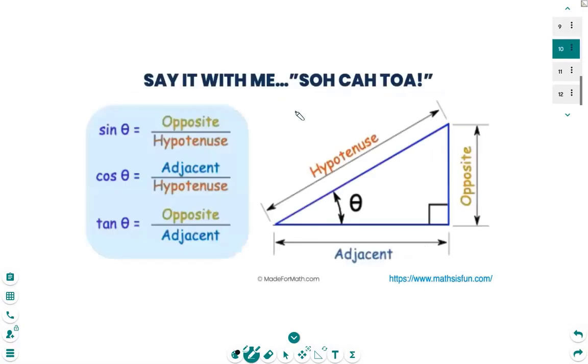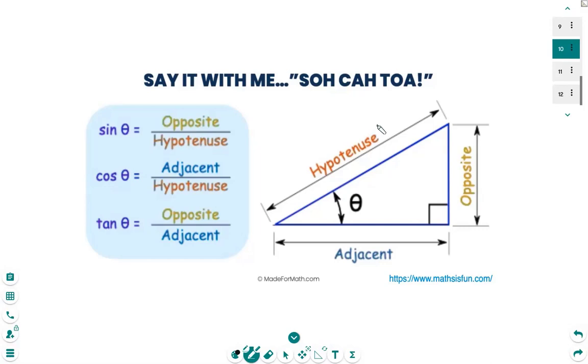So now, say it with me, SOH CAH TOA. I'm sure many of you may have heard this phrase before, but you may not have understood what it means. Well, this is just simply a little mnemonic device to help you remember the three trigonometric ratios for right triangles. When talking about trigonometry ratios, the three you've probably heard of are sine, cosine, and tangent.